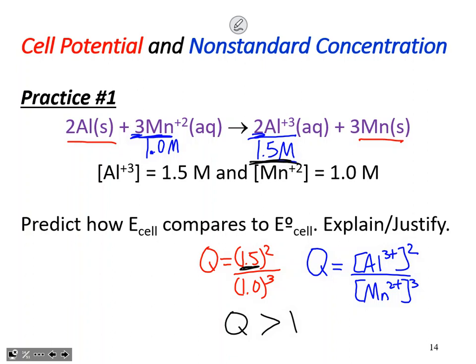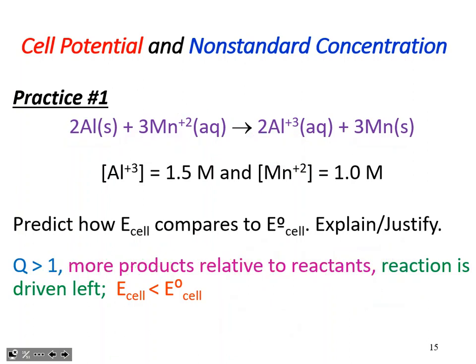So our non-standard E cell is now going to be less than the standard E cell, because in a way, it's not allowing as many electrons to flow over, so it's a little bit backtracking the other way. So to justify with sentence form, this is what you would say.